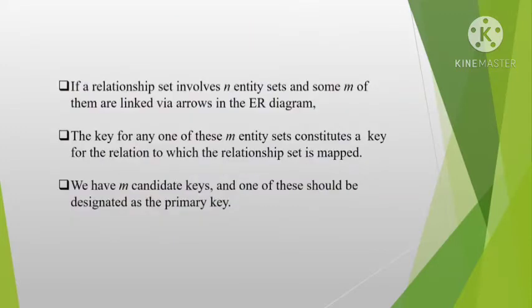If a relationship set involves n entity sets and m of them are linked via arrows in the ER diagram, the key for any one of these m entity sets constitutes a key for the relation to which the relationship set is mapped. We can have m candidate keys, out of which one is designated as the key.